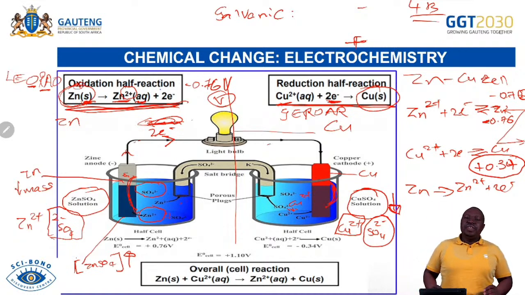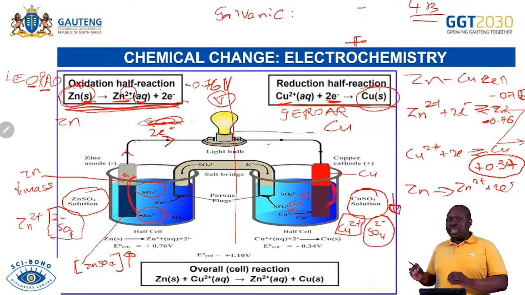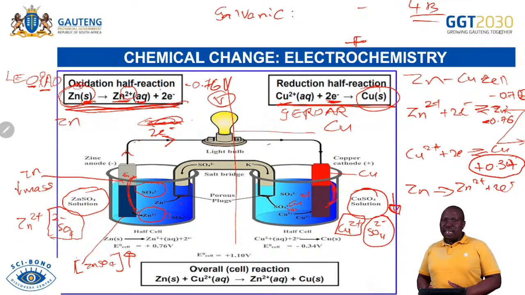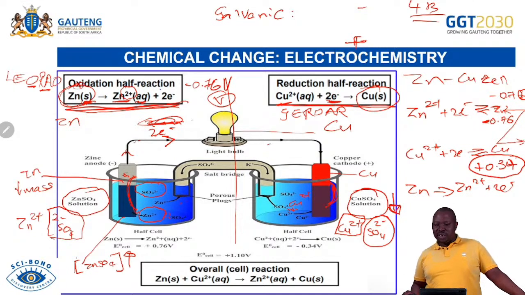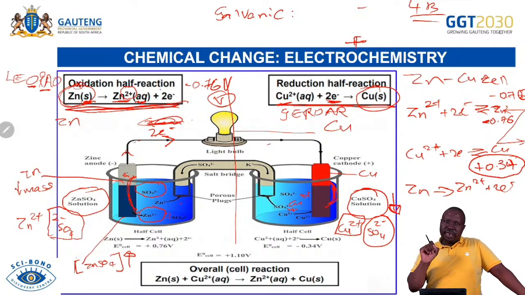The one with the higher standard reduction potential, which we said is the ability to gain electrons, is the one that is going to gain. In this case, that is copper 2 plus. Copper 2 plus will gain electrons, and zinc will lose. So the table will assist you to determine which one will lose electrons and which one will gain electrons.